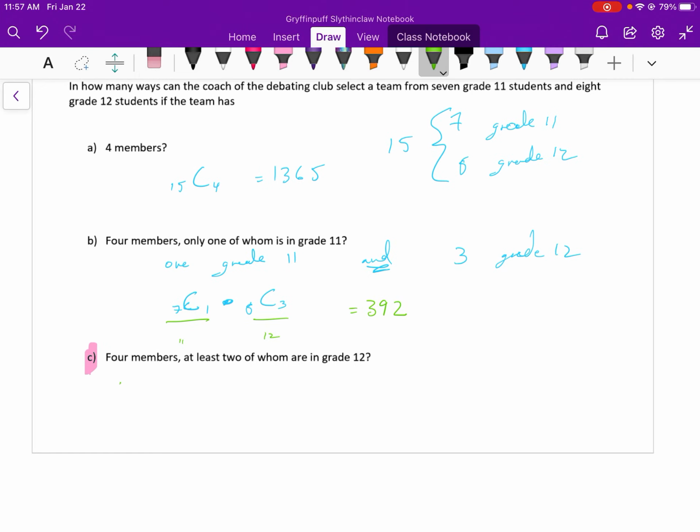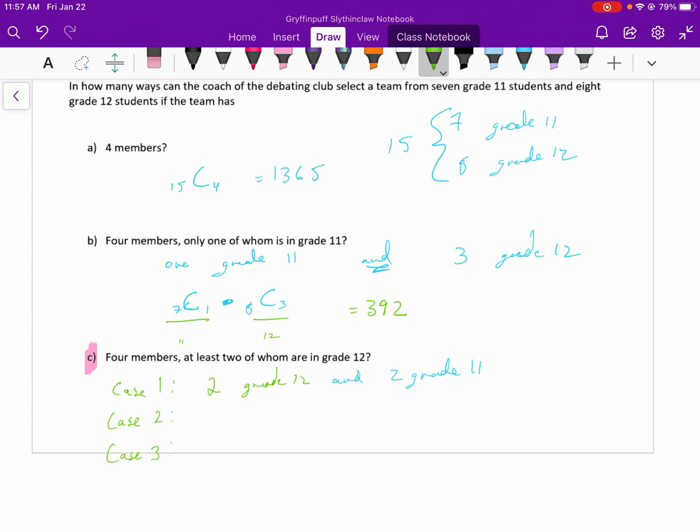Think about that. It means that this could break up into 3 cases. You may not be here with me yet. So at least 2 of whom are in grade 12. I'm going to say 2 grade 12 students. And if we have 4 members and 2 grade 12s, I better add 2 grade 11 students to make up my 4-person team.